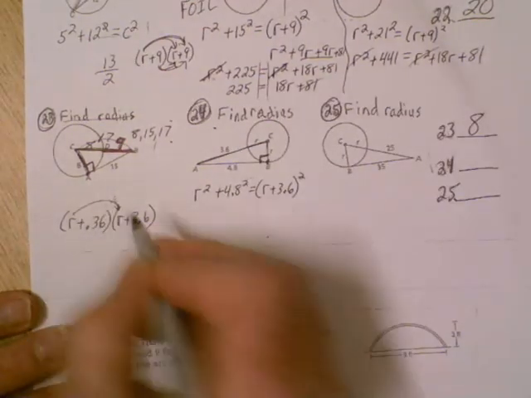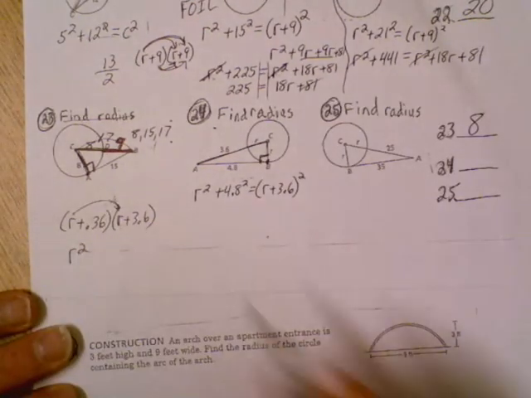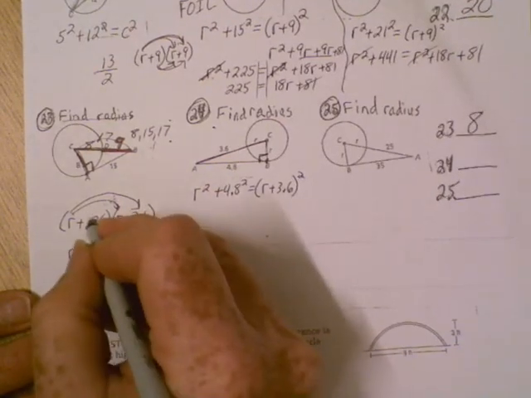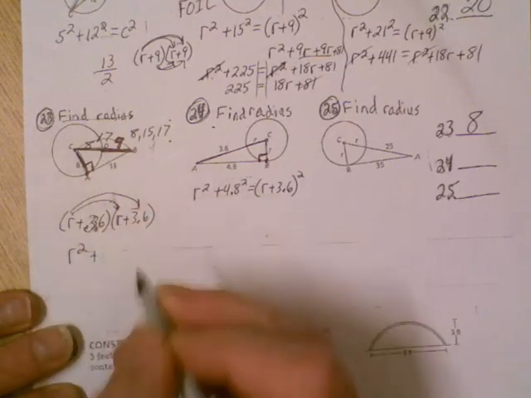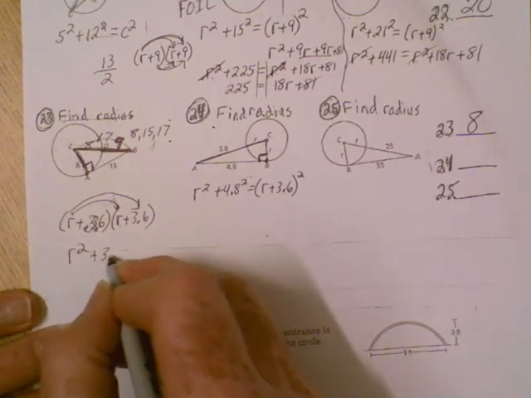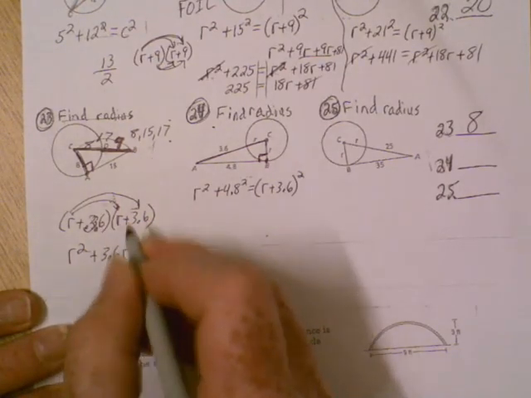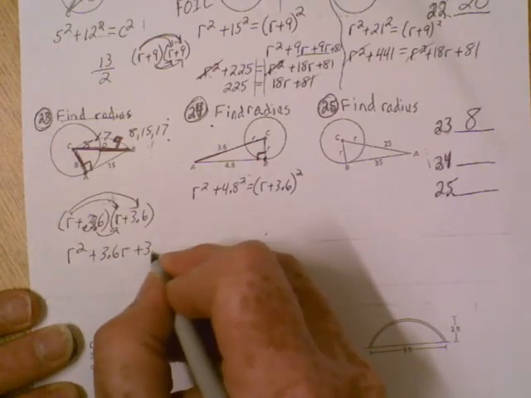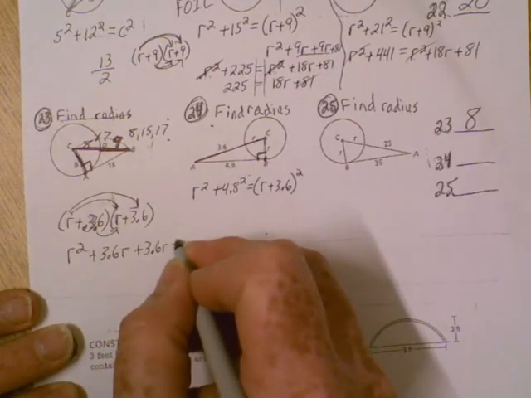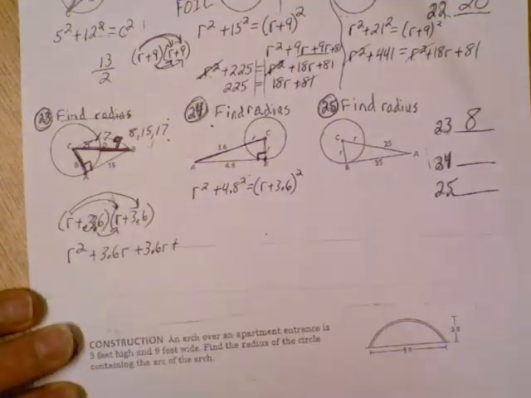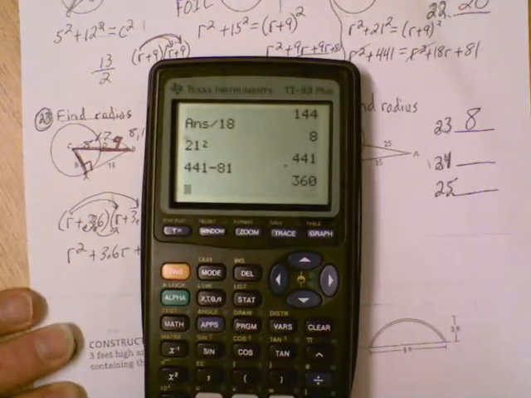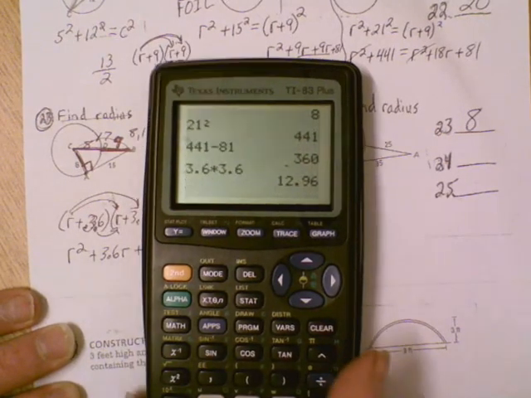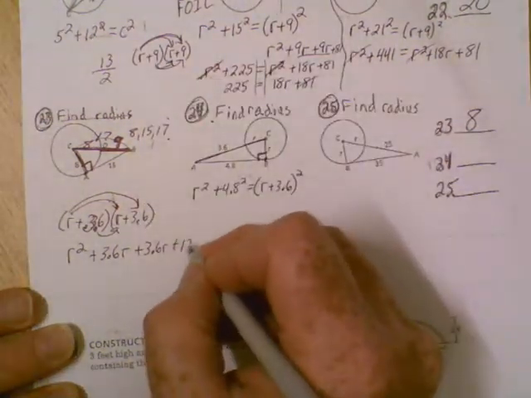First terms, we get R squared. Outer terms, we get 3.6R. Inner terms, we get plus another 3.6R. And then the last terms, 3.6 times 3.6 is 12.96.